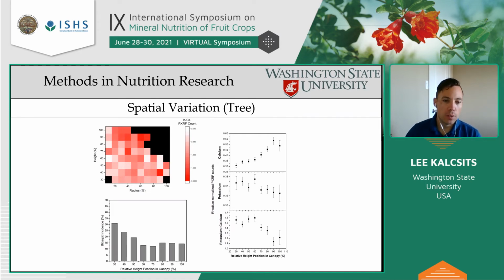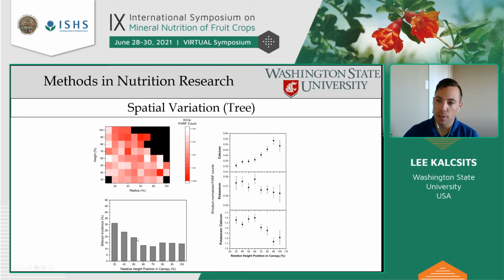Overall, the higher you get in the tree, the lower the potassium to calcium ratio is. You can see that on the bottom right. Potassium decreases by a small amount as you go up the tree, but calcium significantly increases. We get about a 60 to 70% increase in calcium in fruit from the bottom of the tree to the top.